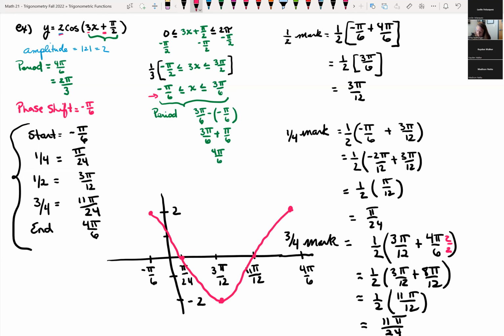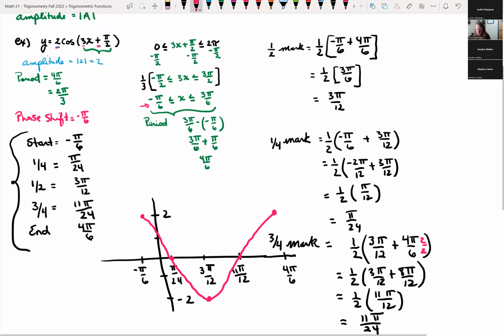And so we could find the other values to continue on and do another cycle. I know I'm out of time, so I'm going to stop there. But what you could do is figure out what the length is between negative pi over 6 and pi over 24. That's what you're going to be adding to get from our endpoint, which would be the start of a new period, to our quarter point, then the halfway point, and keep on adding that, and that would give us those values.